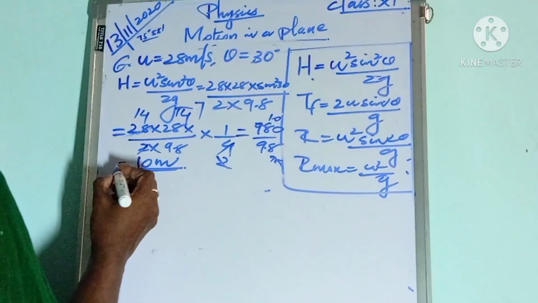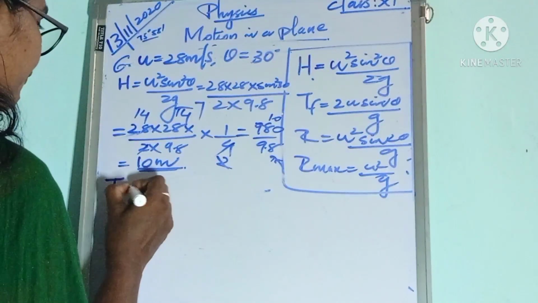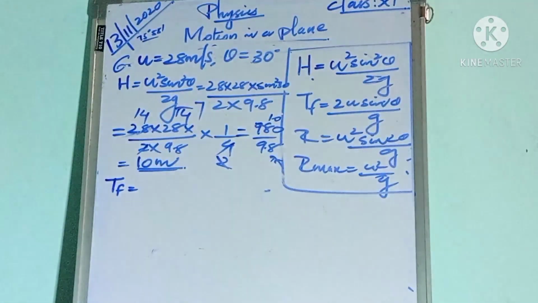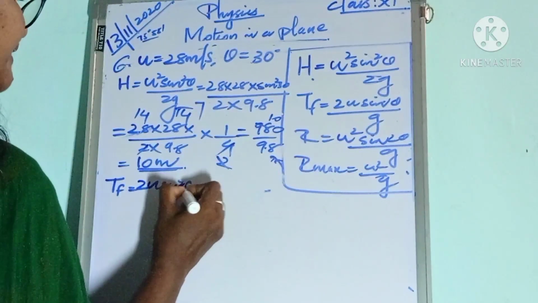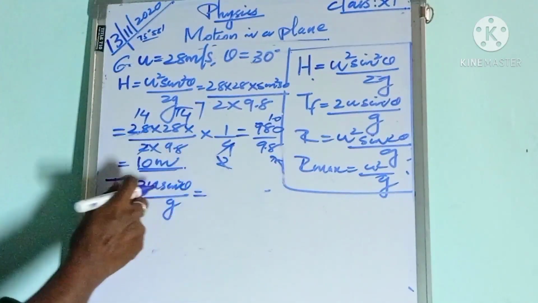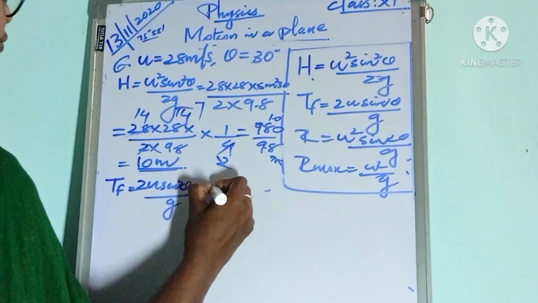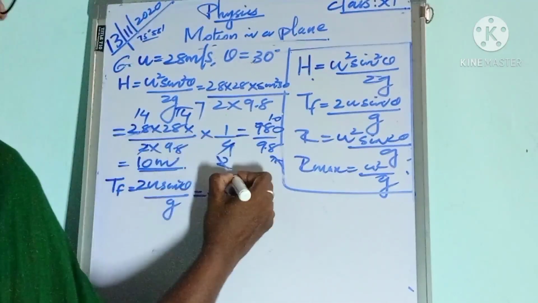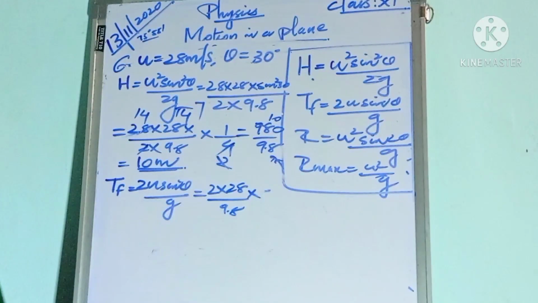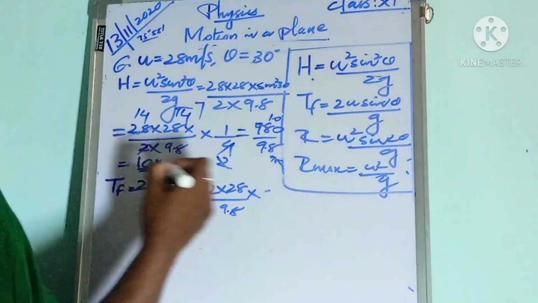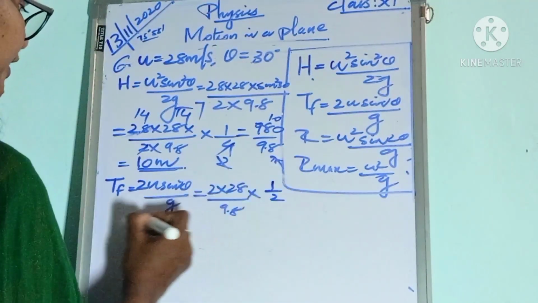So we have to find the time of flight, TF. You know the equation 2u sin theta by g, that is the time of flight. So 2 into 28 divided by 9.8, into sin theta, and sin theta is sin 30, its value is 1 by 2.